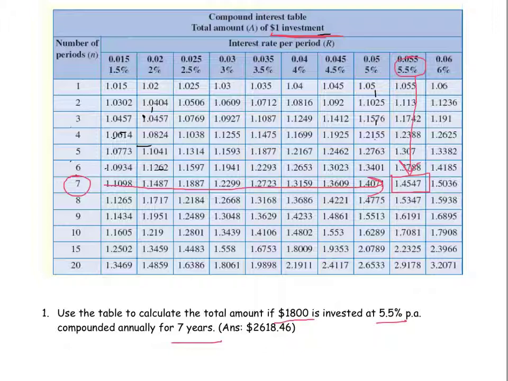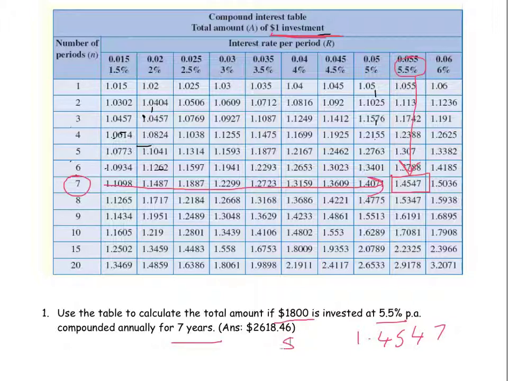So our $1 investment will grow to $1.45 approximately. Now, how are we going to work this out? Well, the magic number, as we saw, is 1.4547.